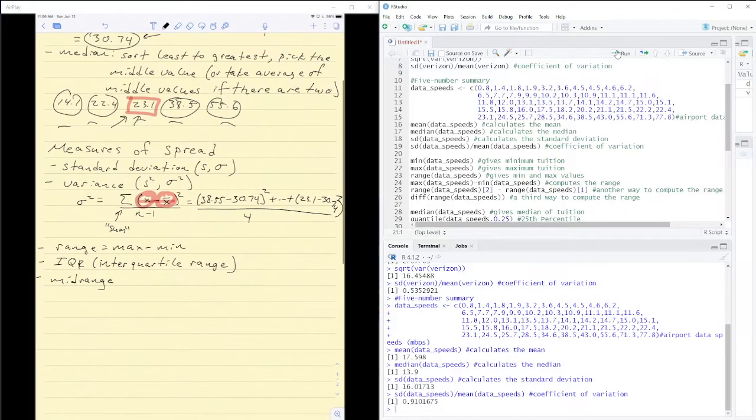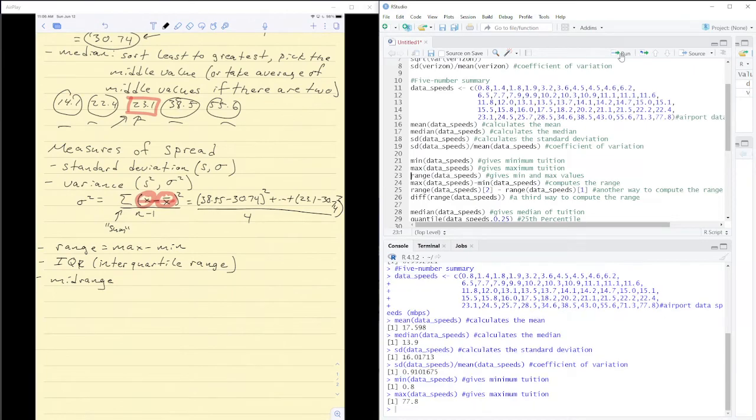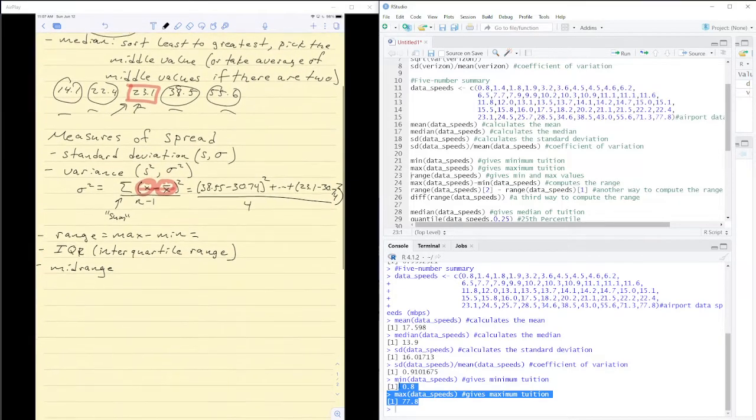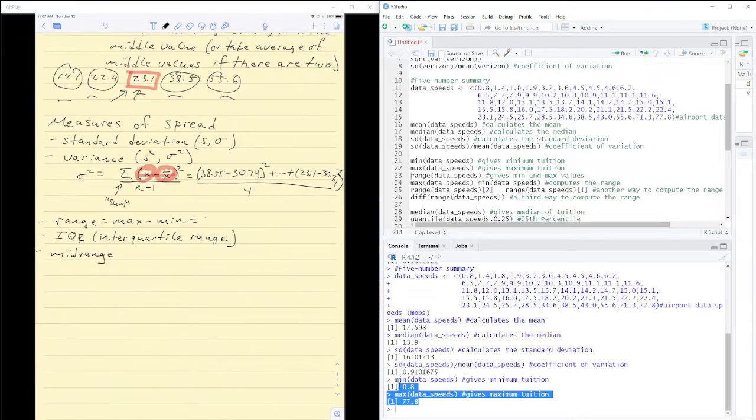So there's a few ways you can go about doing that. You can look at the minimum in your data set with the command min, and you can look at the max with the command max, and you can look at the range. So the range here is 77.8 minus 0.8, which is 77.